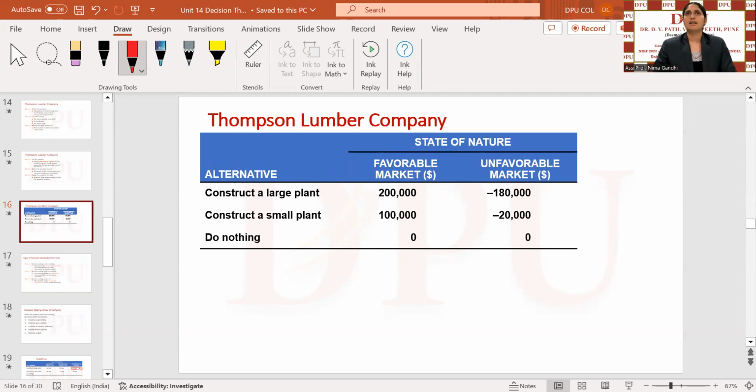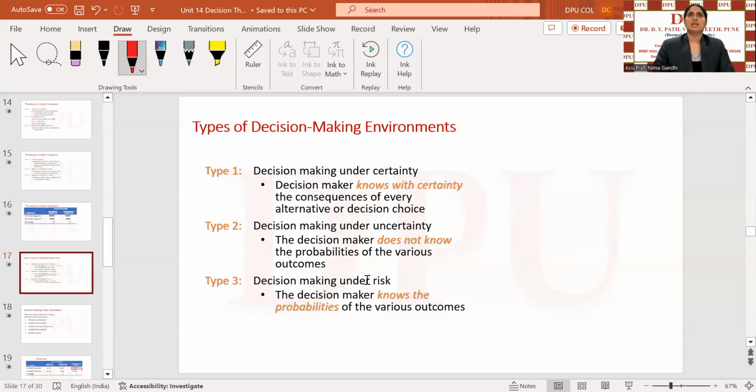What is the chance that the market remains favorable? What is the chance that it remains unfavorable? You don't know the probability. So in this problem, you are taking a decision under uncertainty. If they provide you the information on the chance that the market remains favorable and unfavorable, that time you are taking a decision under risk.